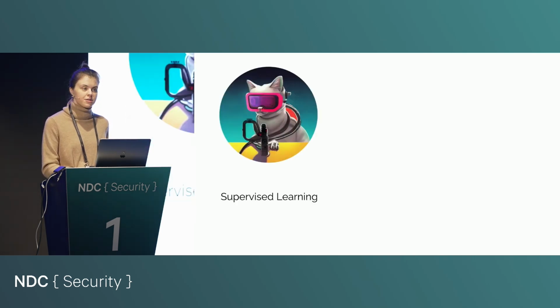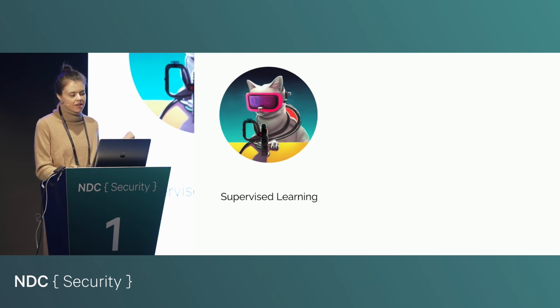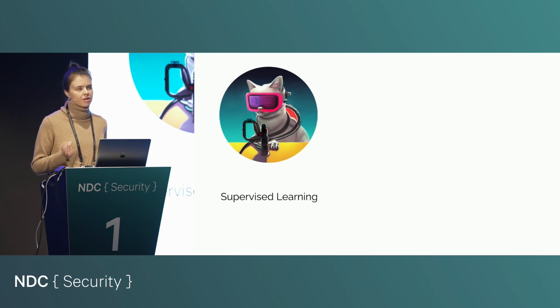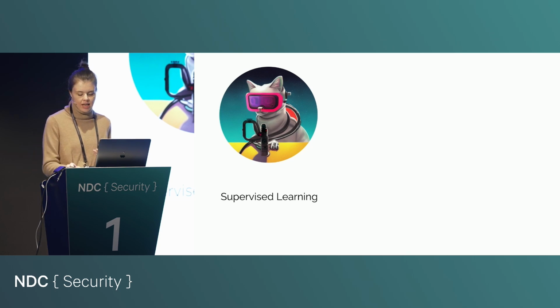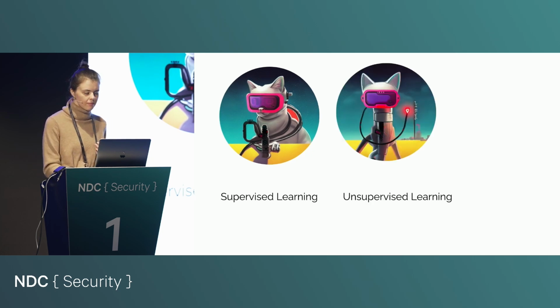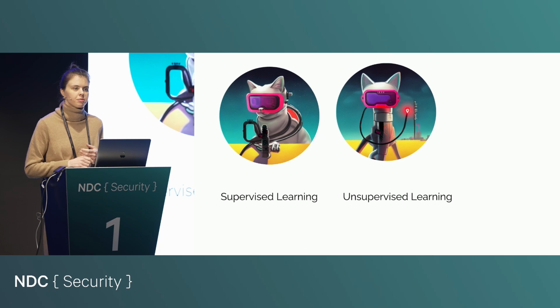So the first family is supervised learning models, and these are models that you train with labeled training data. You can, for example, think of an anti-malware or an antivirus device that's being trained on lots of labeled examples of malicious and benign binaries, and then it's producing a model that can detect future samples.